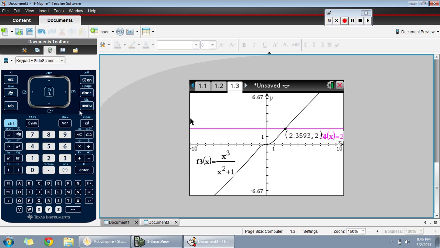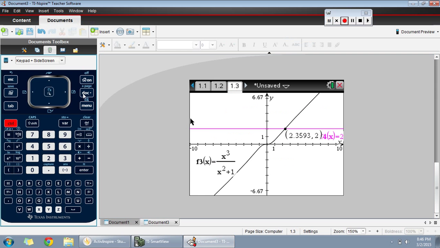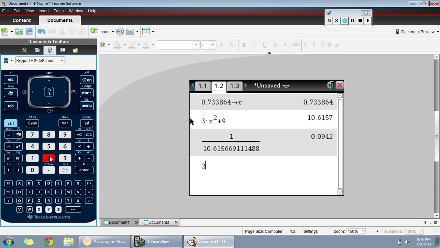And so we are going to write that in as our value over here. And then I'm going to store that number, 2.3593, store as x. And then I'm going to type in the derivative.